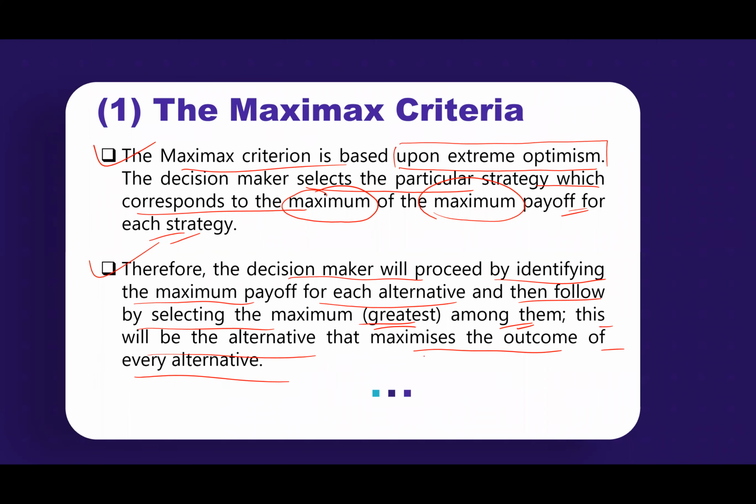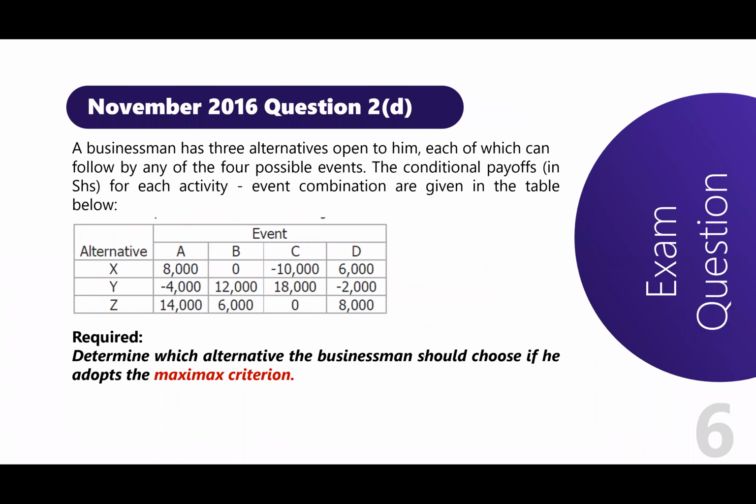So we shall support this discussion with November 2016 question 2 part B, which we are going to use throughout all the three. And in this one, we have a businessman who has three alternatives open to him, each of which can be followed by any of the 4 possible events. The conditional payoffs in shillings for each activity-event combination are given in our table below.